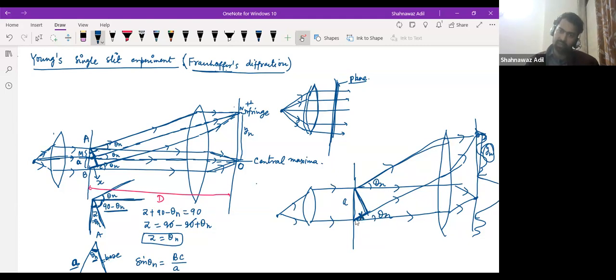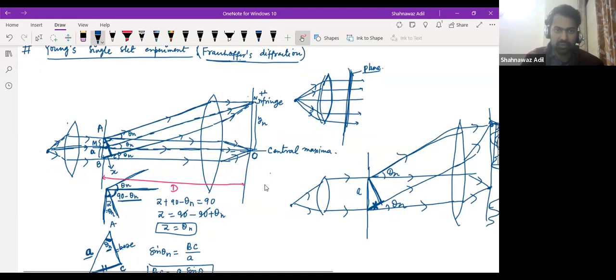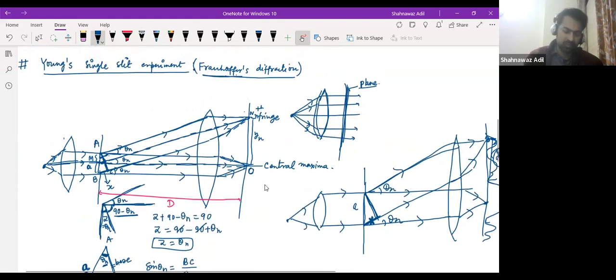So that path is called path difference. This is a slit. This is a screen.